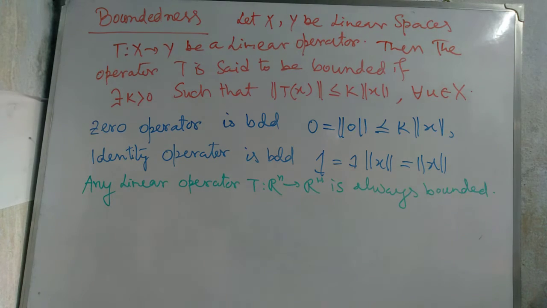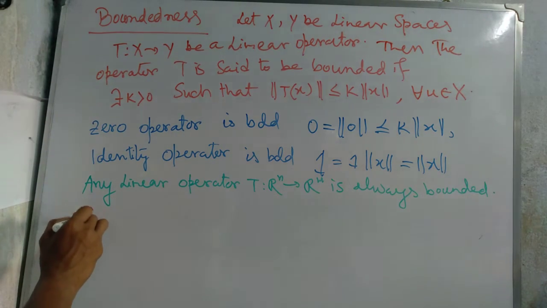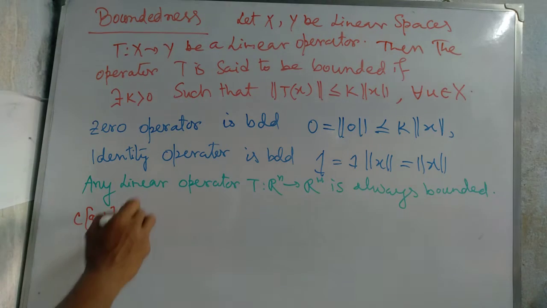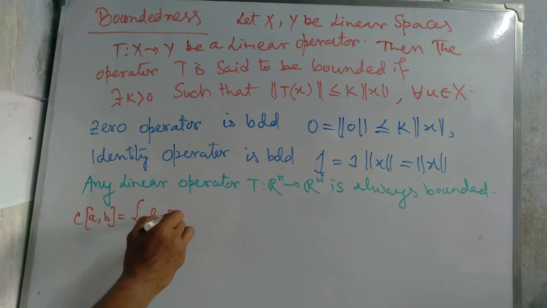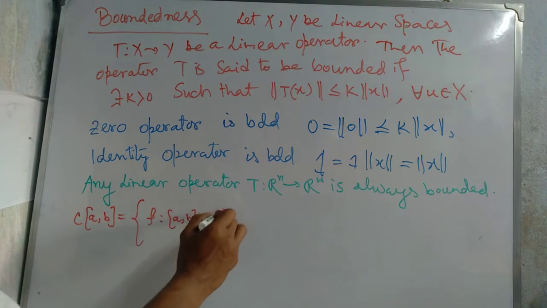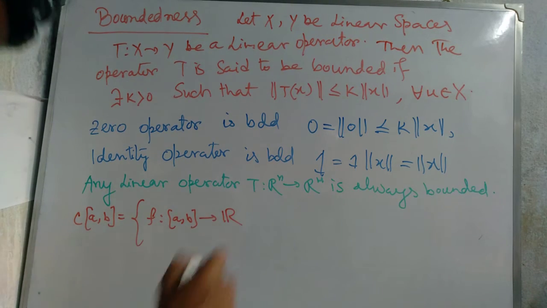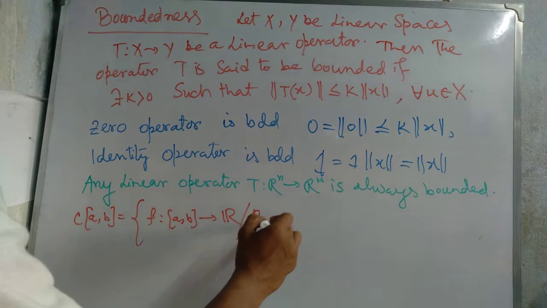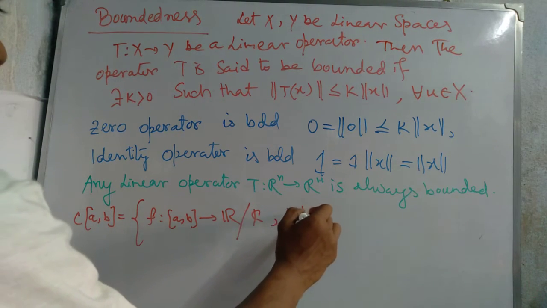Then this one we write here: C[a,b], all continuous functions from [a,b] to R or C, any one is fine. That means those which are continuous.